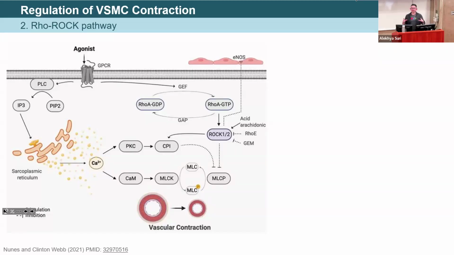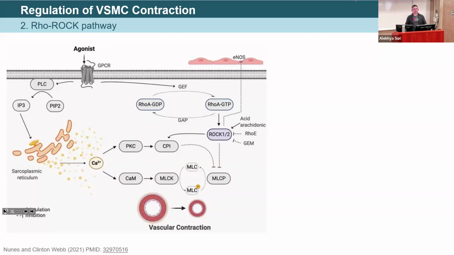Does that make sense? Again, remember that the contraction of actin and myosin depends on the phosphorylation of myosin, right? If you phosphorylate myosin, that leads to contraction. If you remove the phosphorylation, that leads to relaxation.